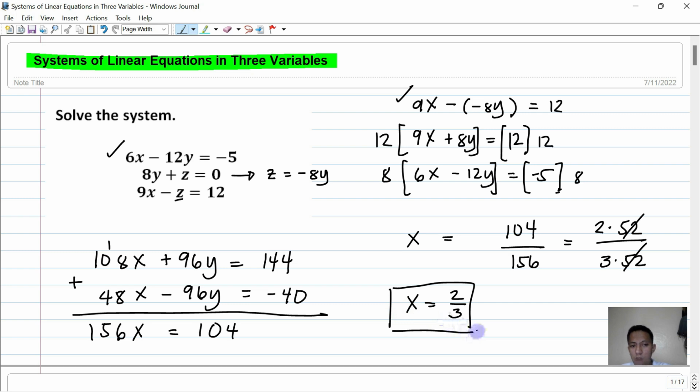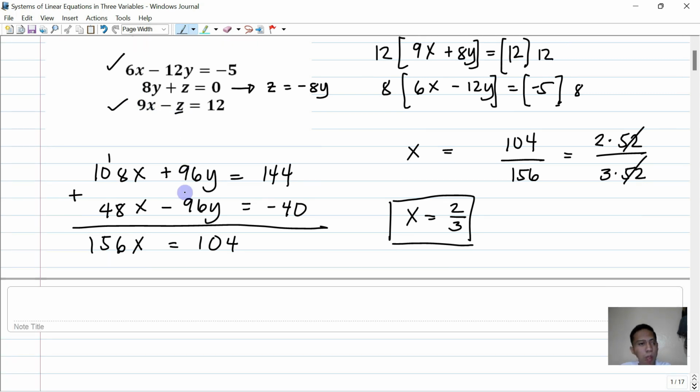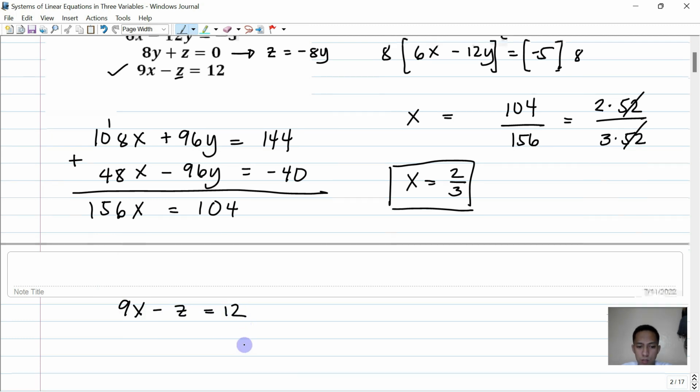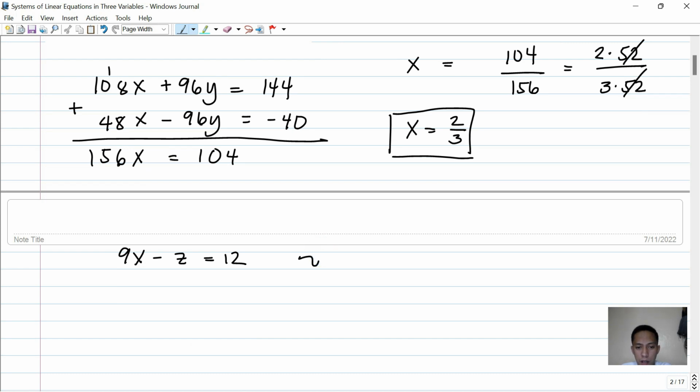Using this value, we can now solve for z. Since the third equation has x and z, going back to the third equation, 9x minus z equals 12, we can say that 9x minus 12 equals z. We just transpose z so that we can solve for it.